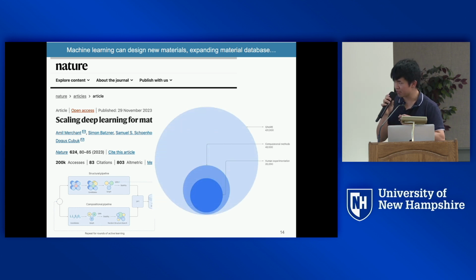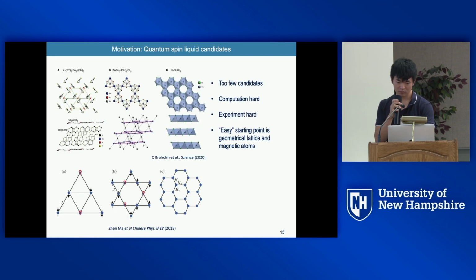That has expanded the number of materials which humans have experimentally synthesized by many times. So by doing this kind of generative approach, we can find new material candidates. However, it's a kind of random search, so it's not very efficient to find the material which we want in terms of further theory or experimental study.